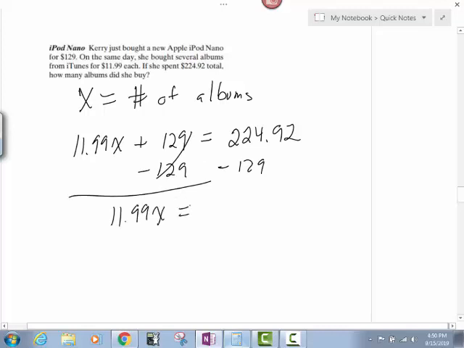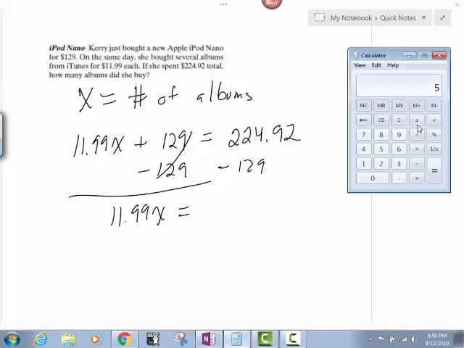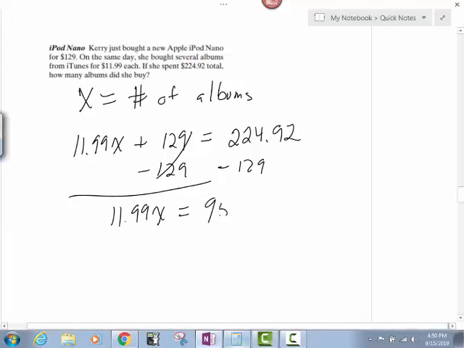Okay, let me grab my calculator. We're going to say $224.92. Subtract off the cost of the Nano, $129, is $95.92. So that's how much money she spent total on albums.